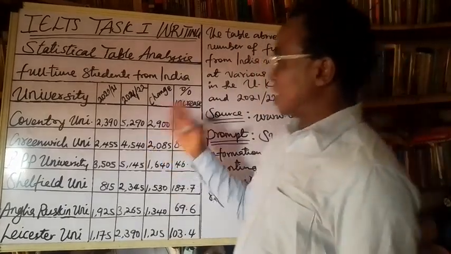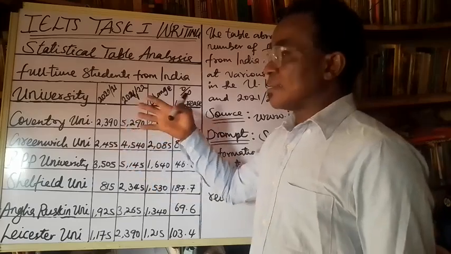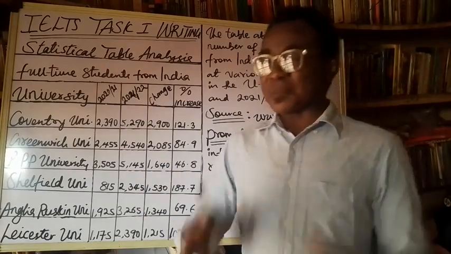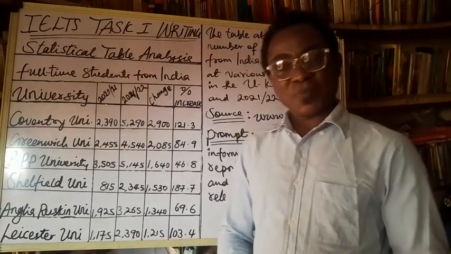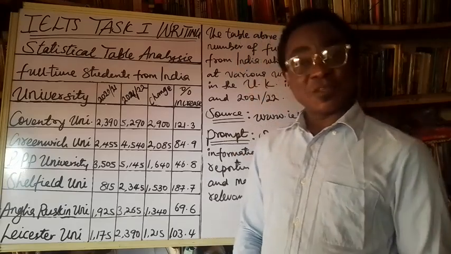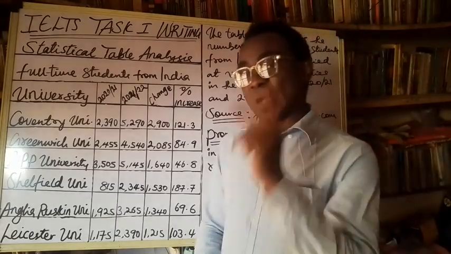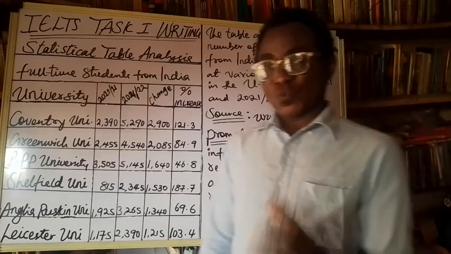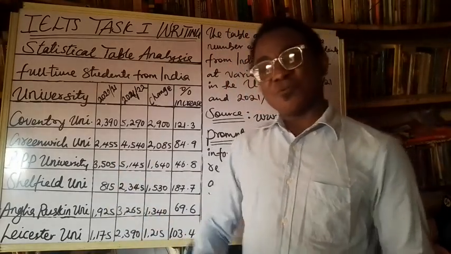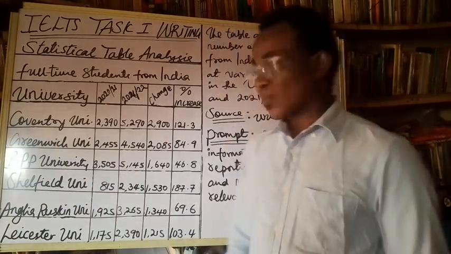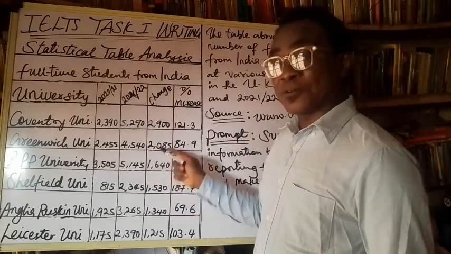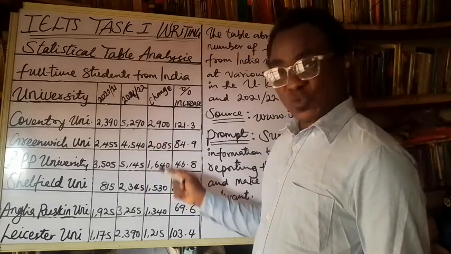The table gives us the list of the number of students from India who studied at various universities in the UK in 2 academic sessions, 2020/21 and 2021/22. And then the change in the number of enrollment in those 2 years.